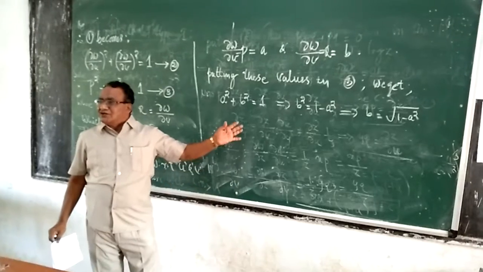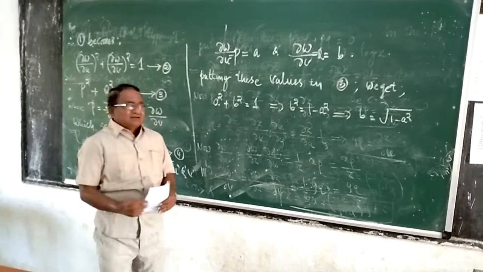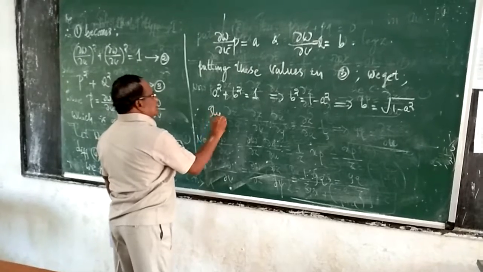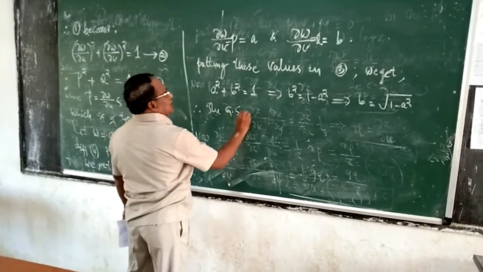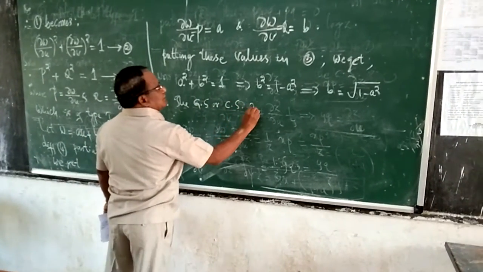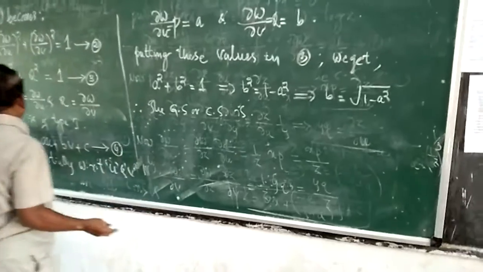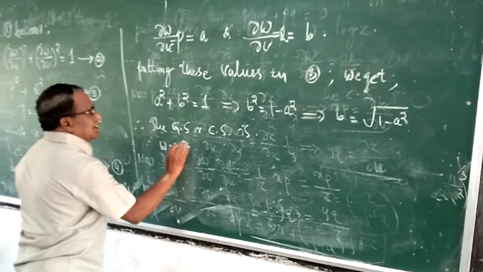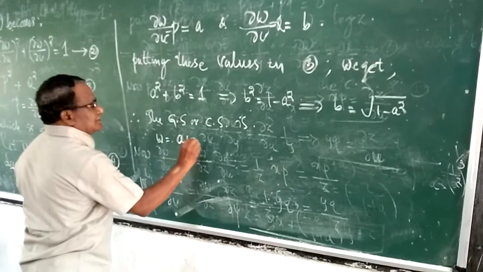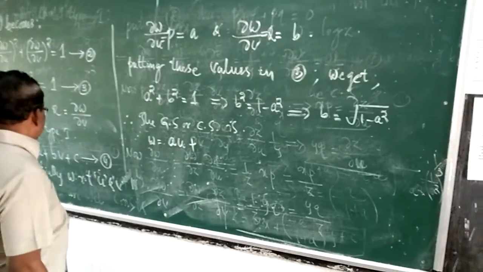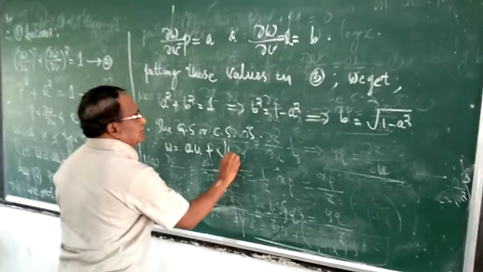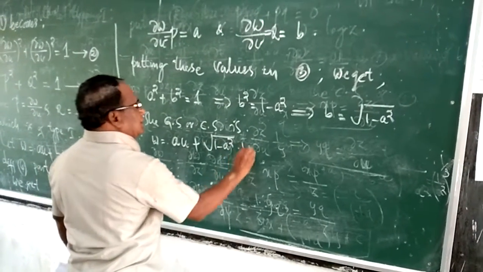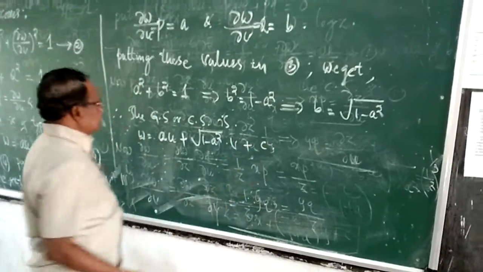Okay. Now therefore the complete solution or the general solution is w is equal to a into u, write it as it is, plus root of 1 minus a squared into v plus c. That is your w.